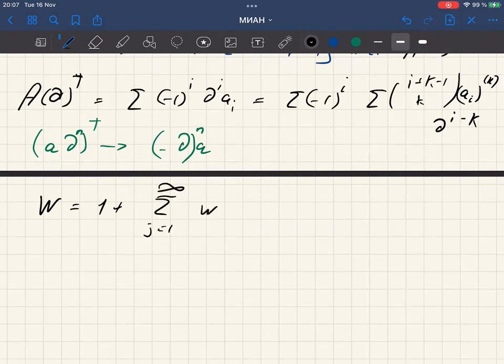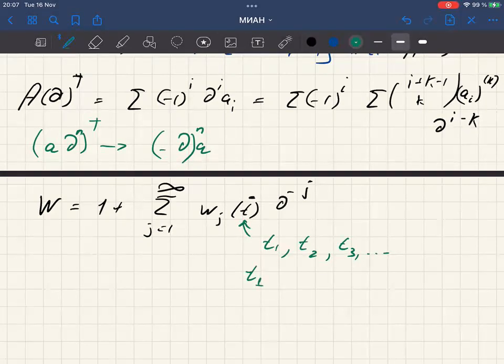So it has just one in the non-negative part and all other coefficients are negative ones, and this means that it depends on infinitely many parameters t1, t2, t3, etc. At some point we could prove that dependence on t1 is the same as on x, so we have something like d t1 equals d x.